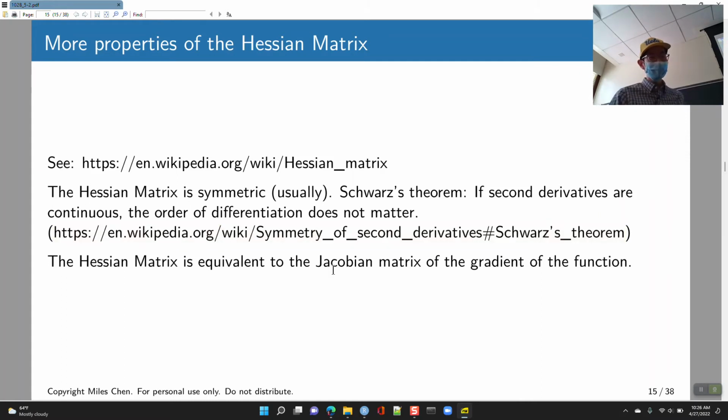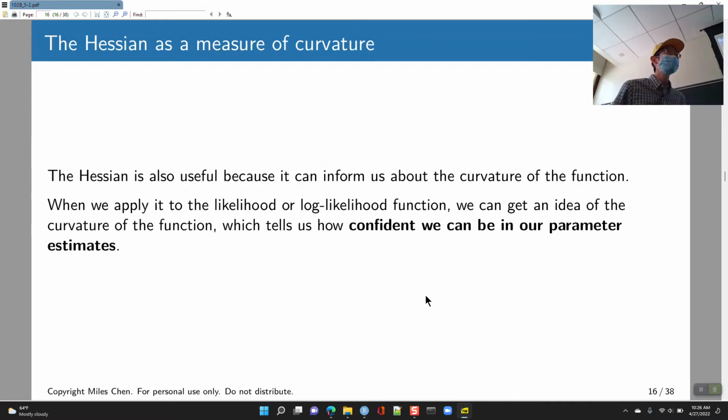You can also think of it as the Jacobian matrix of the gradient function, which is, good times, right? So all of our favorite things from 33a. Okay, but again, we can think of the Hessian matrix as a measure of curvature.